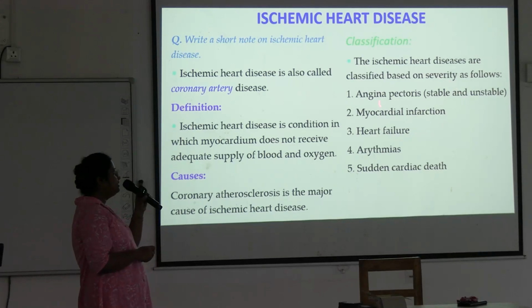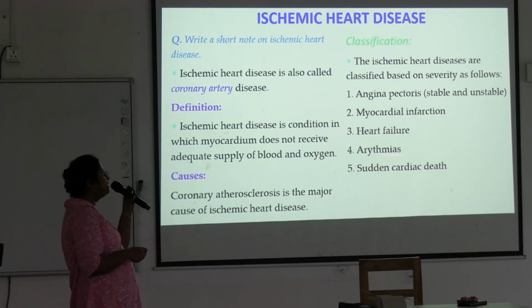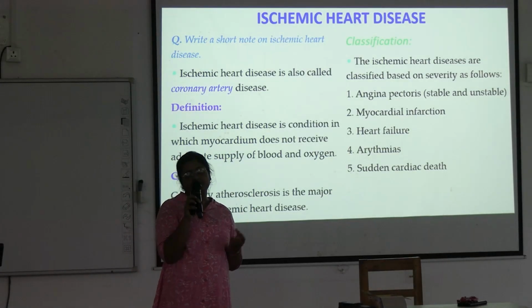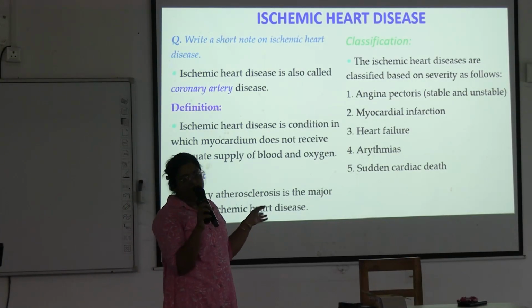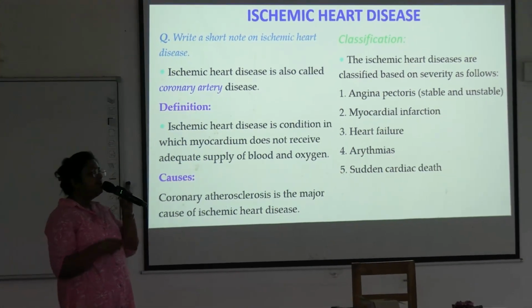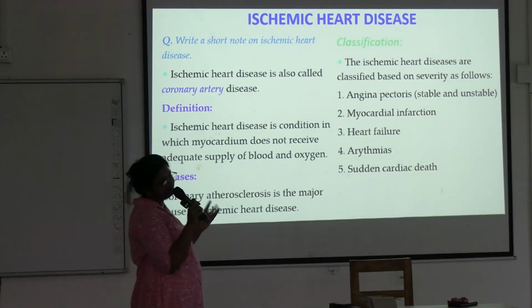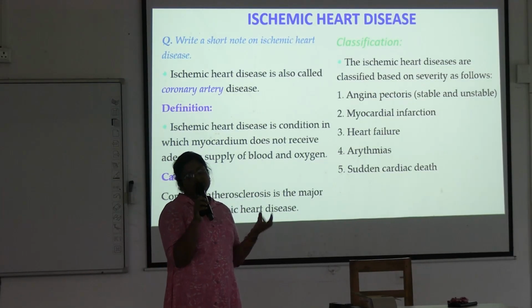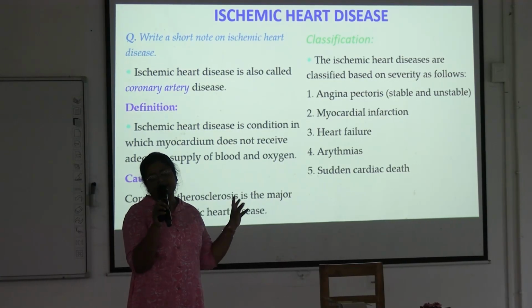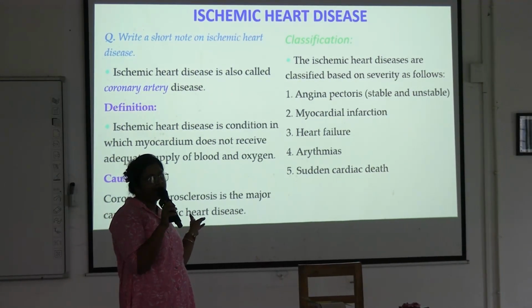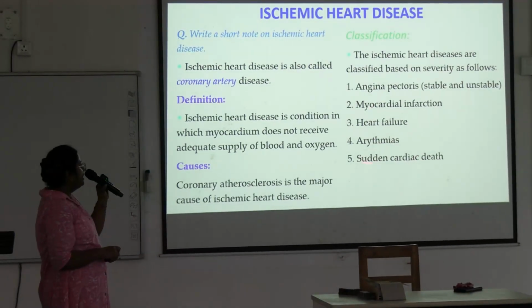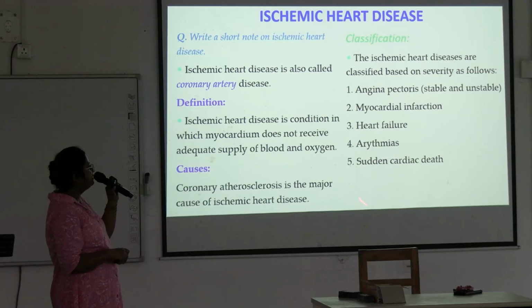Next, due to the infarction, there will gradually be heart failure. These cardiac muscles are dying, so they cannot pump the blood, so there will be heart failure. After that, there will be development of arrhythmia. To handle the situation, if there is less blood flow, the body will want to survive and it will produce arrhythmia, abnormal contraction of the heart, and finally there will be sudden cardiac death.